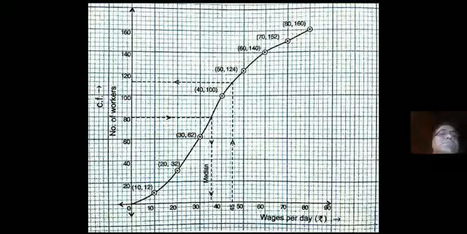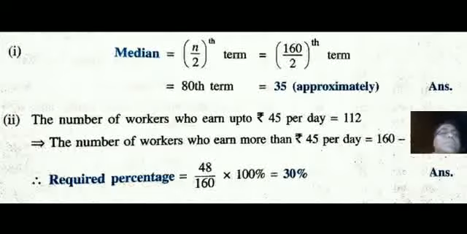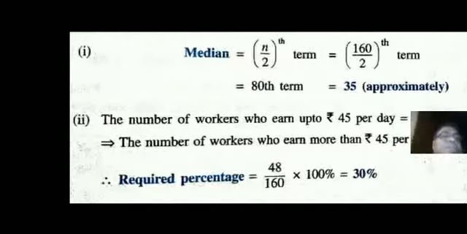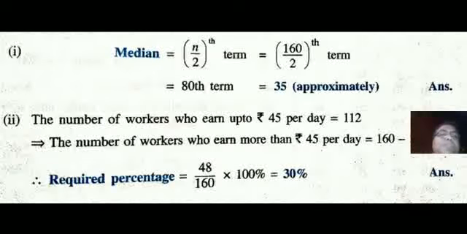Median is equal to n by 2, so 160 by 2, that is the 80th term. Reading the 80th term from the graph, the median is approximately 35.